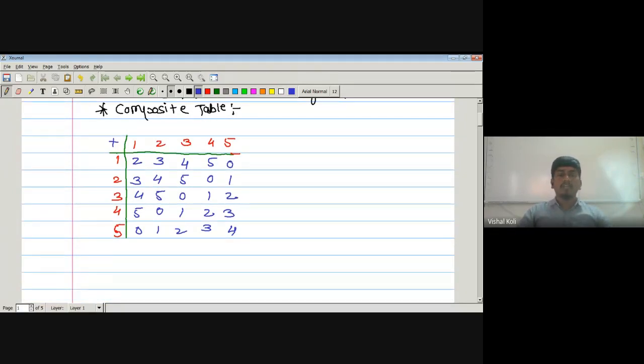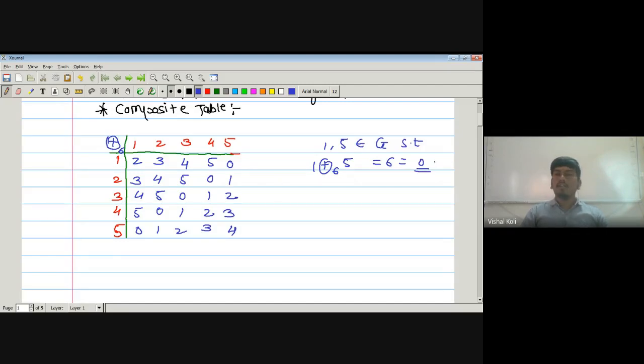Now we have to check whether it is closed under addition, whether it is associative, and after that see the existence of identity and inverse. Here there are elements 1 and 5 belonging to set G such that 1 plus 5 equals 6, but under addition modulo 6, 1 plus 5, which is 6, is 0.